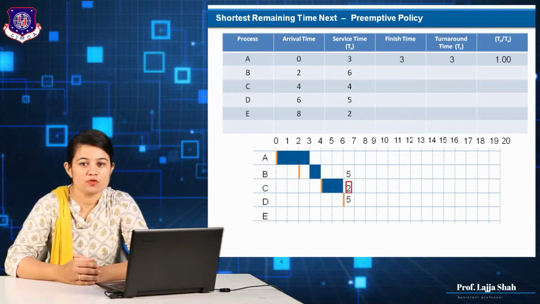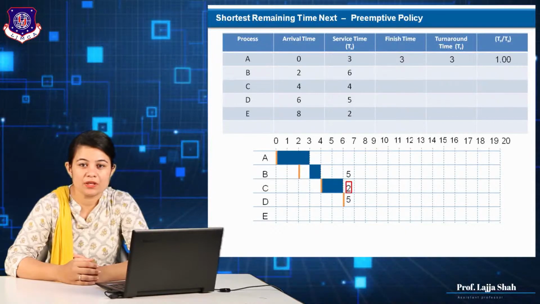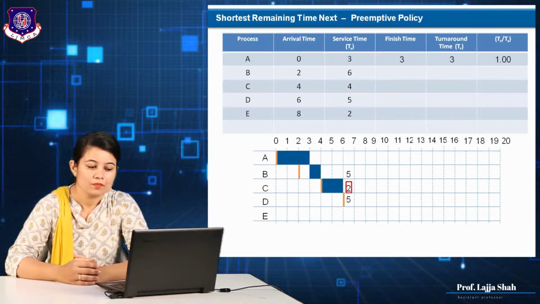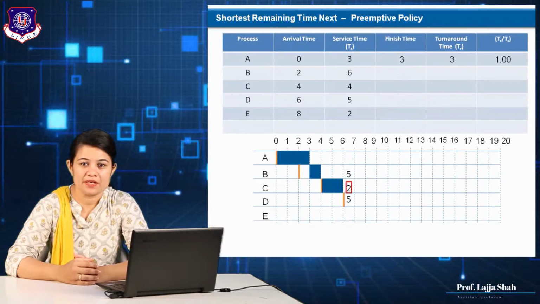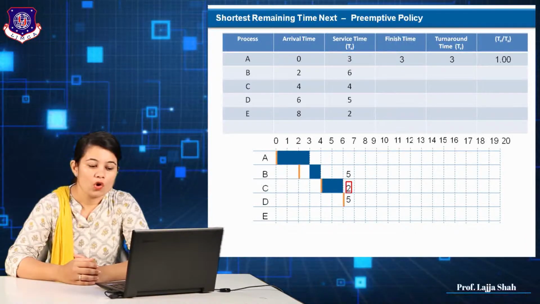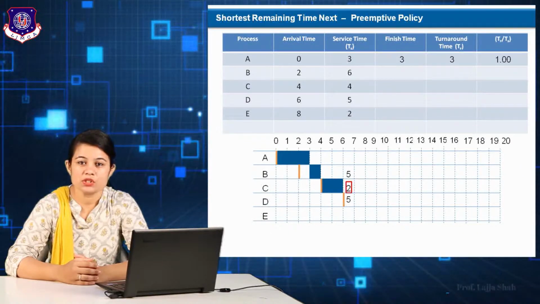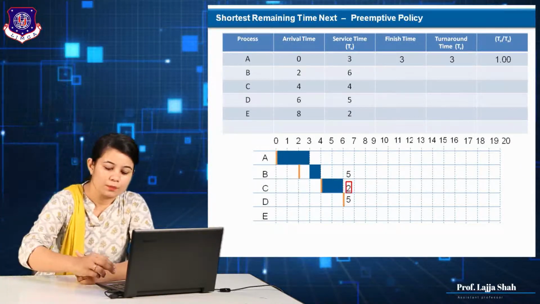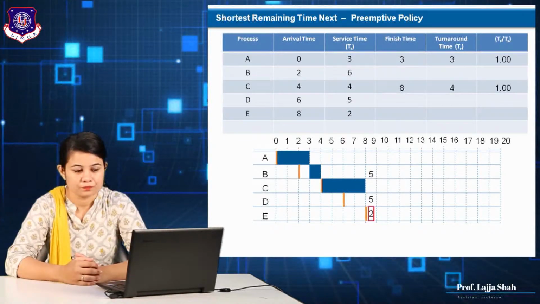So it is left with 2 more seconds. Process D has just arrived, so its service time becomes its remaining time, that is 5 seconds. Among all 3 processes, process C has the shortest remaining time. So process C will continue its execution.